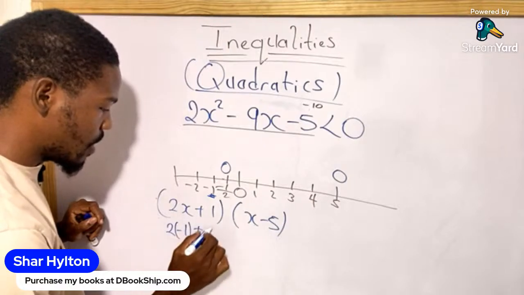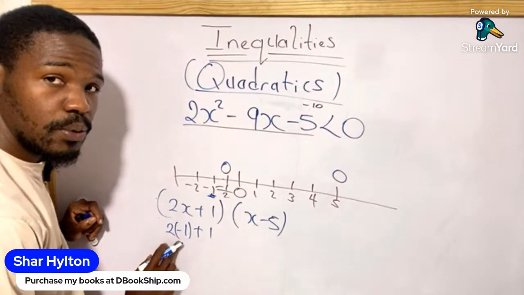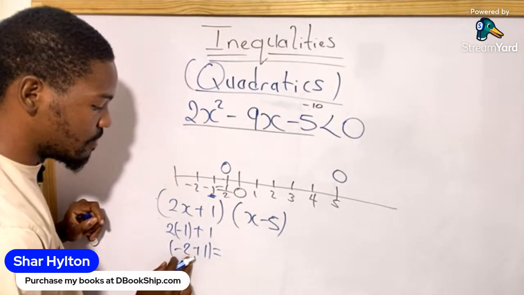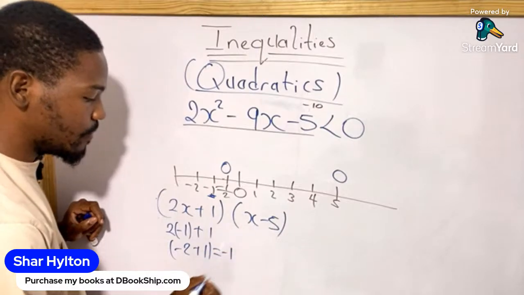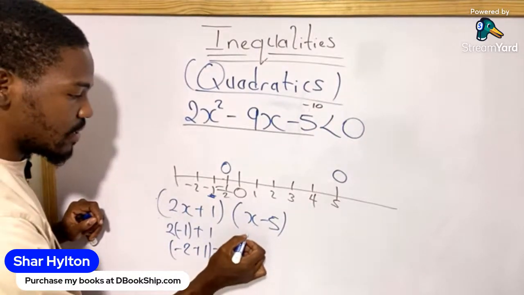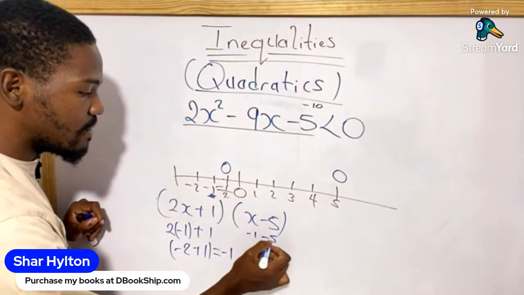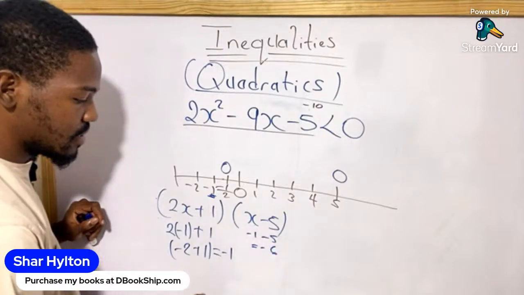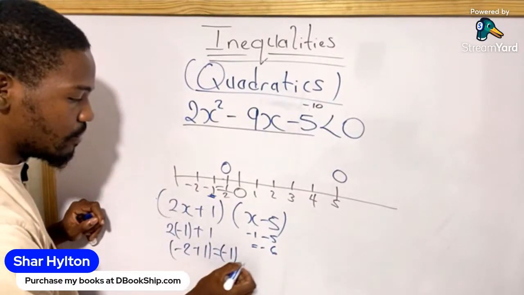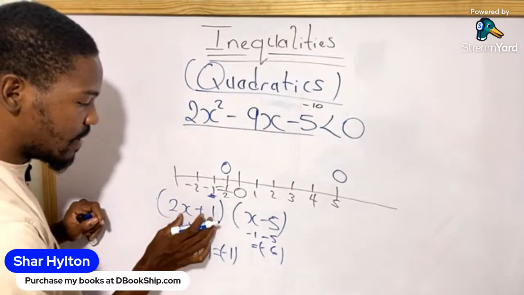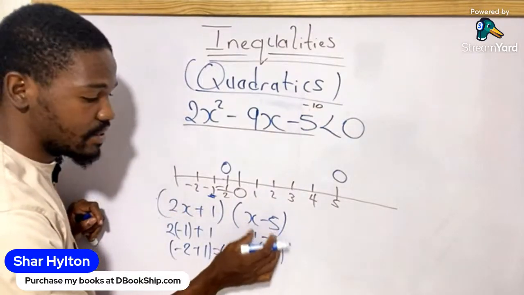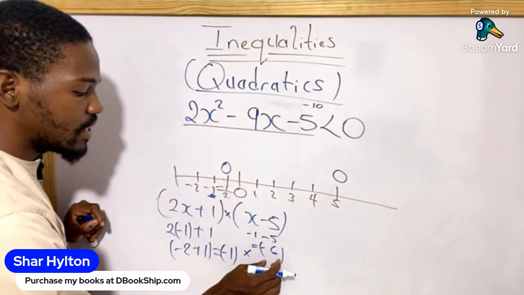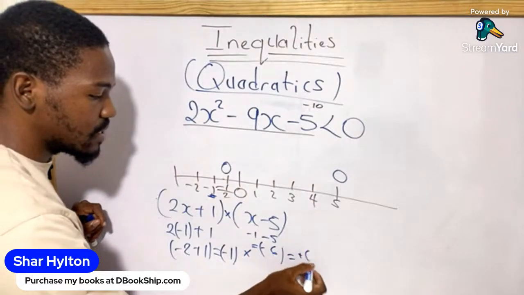So in working this out, 2 times -1 is going to give me -2, and plus 1, this is actually going to give me -1. And -1 minus 5 is going to give me -6. So here, this value is -1, and this value is -6, and we're multiplying the two. -1 multiplied by -6 is going to give me +6.